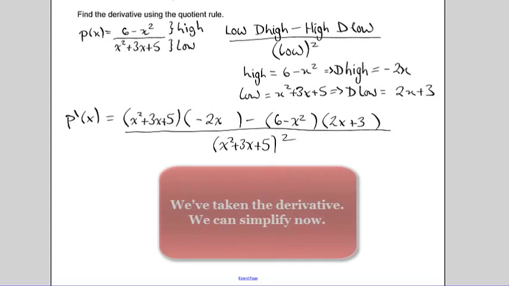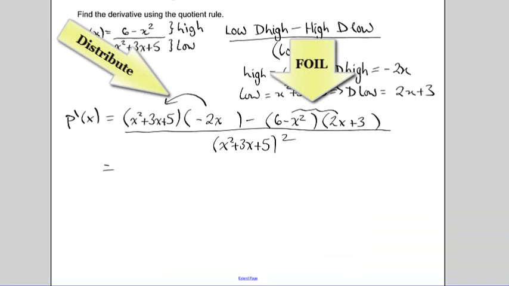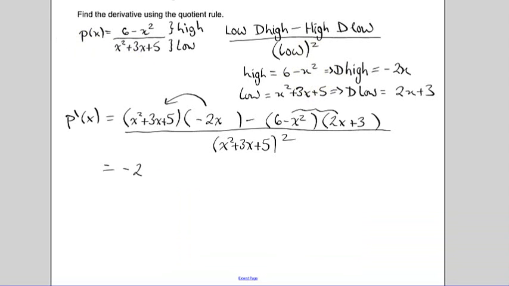So now we've taken the derivative and we can simplify it a bit. So in the first term, we can distribute the negative 2x into the bracket on the left. And in the second term, we can FOIL this. So performing these, we get the following expression on the top.